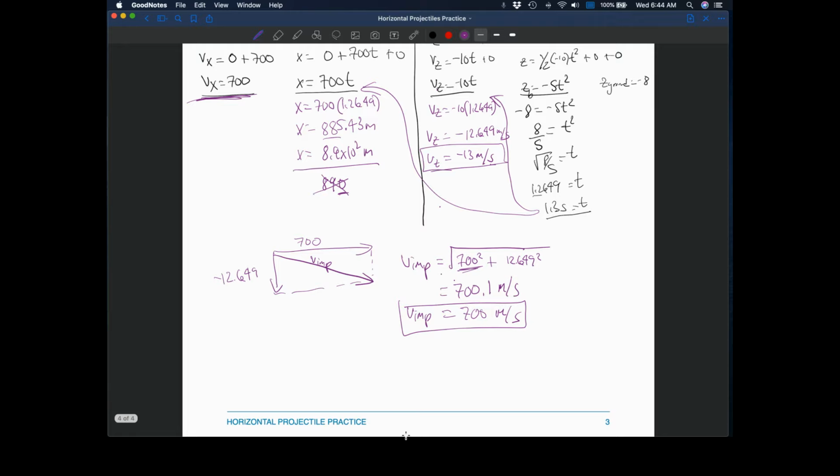But just to be true to ourselves, we'll calculate it. The last question is, what is the angle? Tangent theta is opposite over adjacent. And tangent theta in this case is 12.649 over 700. And so theta is the inverse tangent of 12.649 over 700.